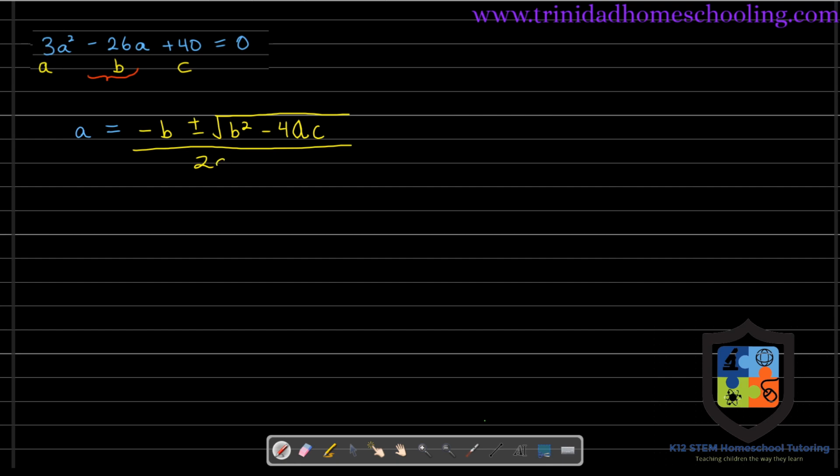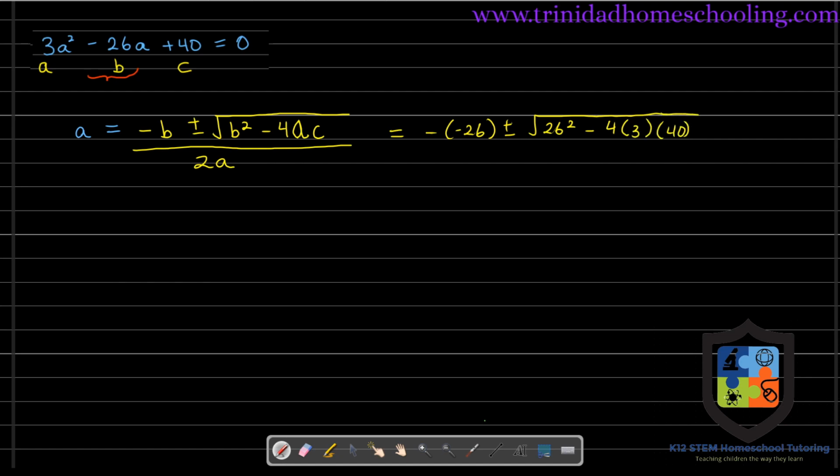You have to be very careful with this question. Make sure you're substituting the correct values and you know which values are your a and your b here. So let's substitute. Negative b is minus 26, plus or minus the square root of 26 squared minus 4 by your a, which is 3, and your c is 40.